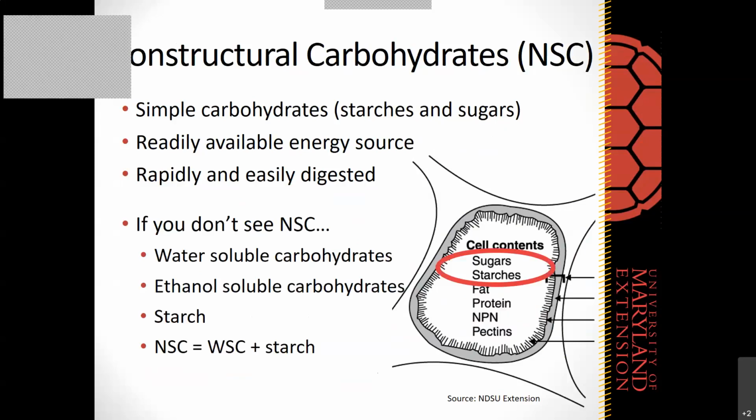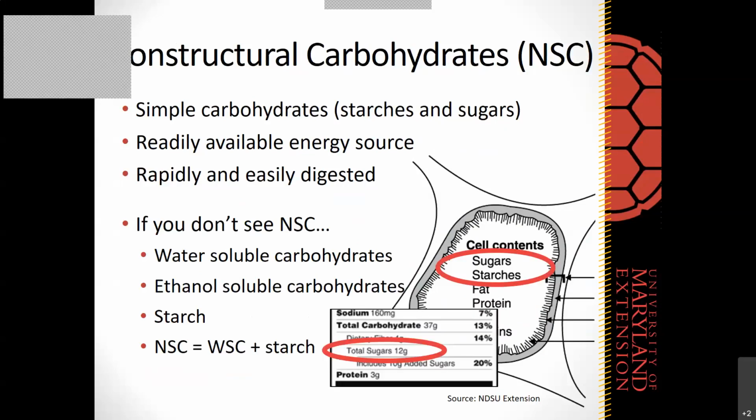If you don't see the non-structural carbohydrates, you may see some of the other carbohydrate components, and you can add those together to get your non-structural carbohydrates. So for the comparison to humans, this would be like your total sugars, the sugars that you see on that label.